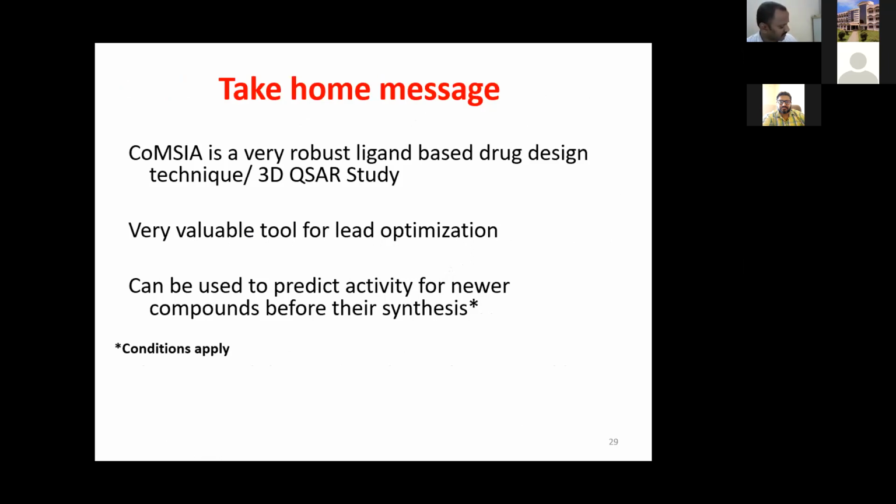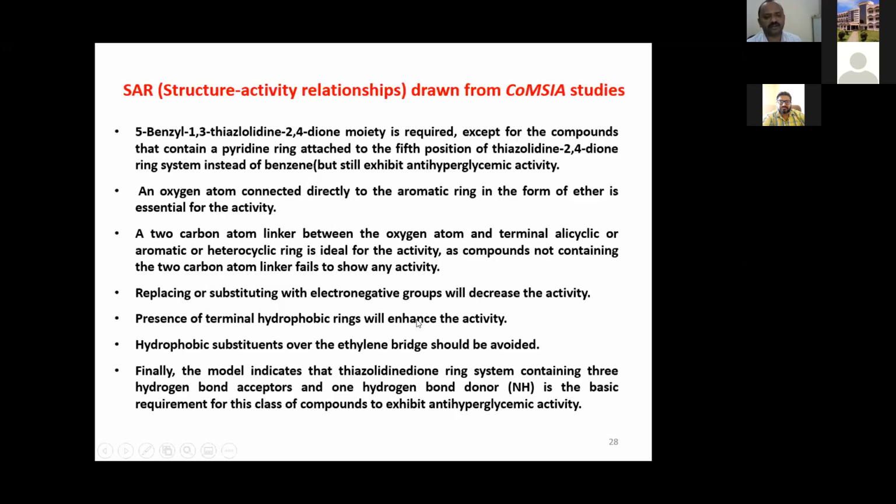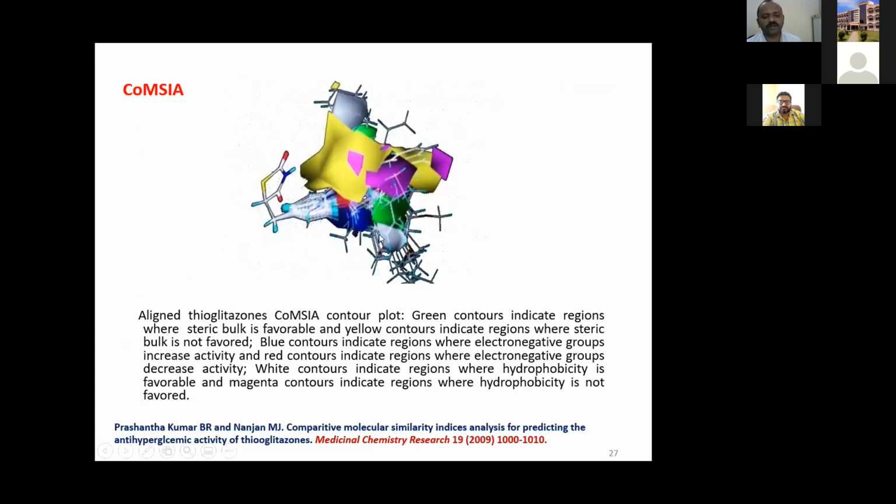So what we can see is that it can be used to predict the activity of newer compounds before their synthesis. That means any new compound, if you have developed any new compound in this COMFA or COMSIA model, you bring it into this contour map, and you can predict its activity.